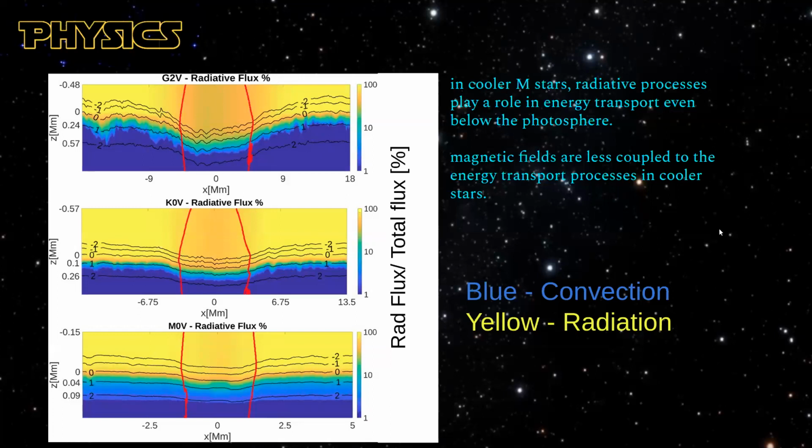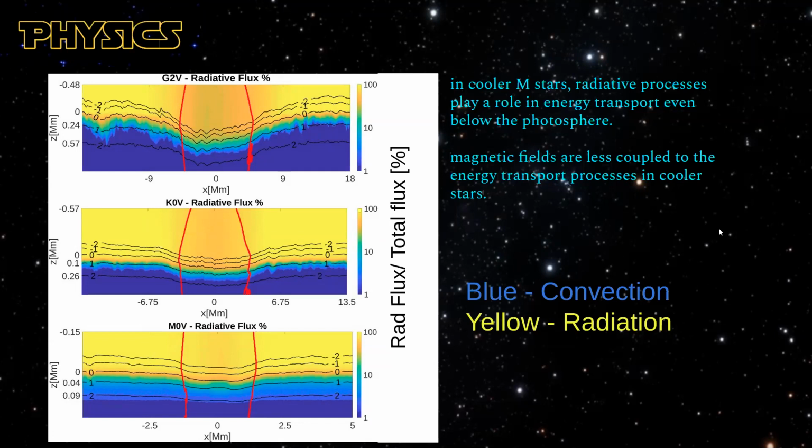So now let's look at what happens with different spectral types. This is a vertical cut which shows the radiative flux percent. 100, or yellow, means that the energy is transported entirely by radiation. 1, or blue, means the energy is being transported mostly by convection.